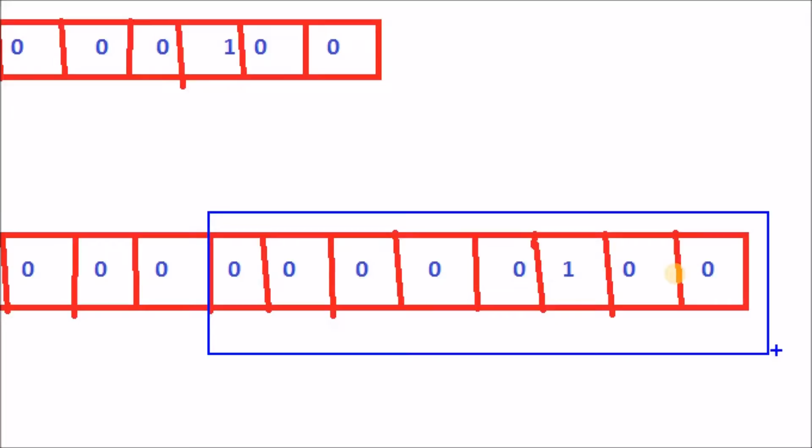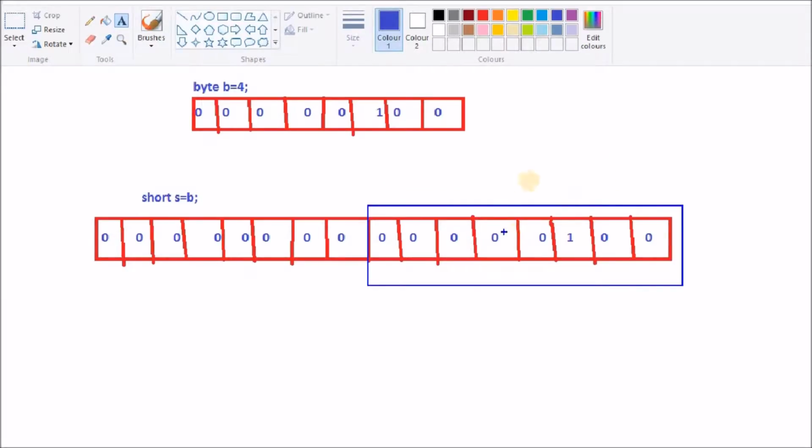Up to here it is actually our byte, and all these are zeros. This doesn't affect our value, so it is implicit conversion.